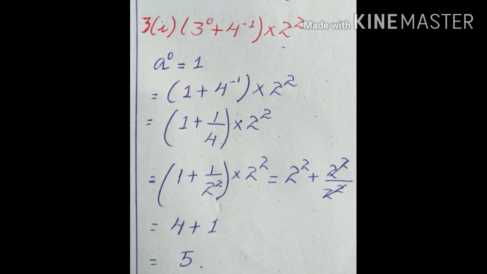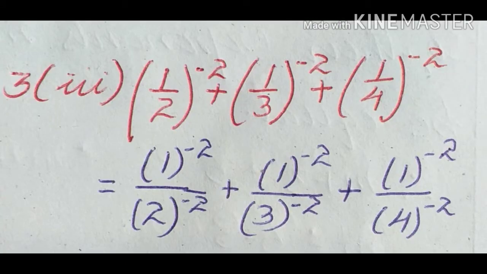Now look at question number 3. In question number 3 also it's nothing, only if there is a negative power we have to do the shifting only. Clear? Now look at here: 1 by 2 to the power minus 2 plus 1 by 3 to the power minus 2 plus 1 by 4 to the power minus 2.